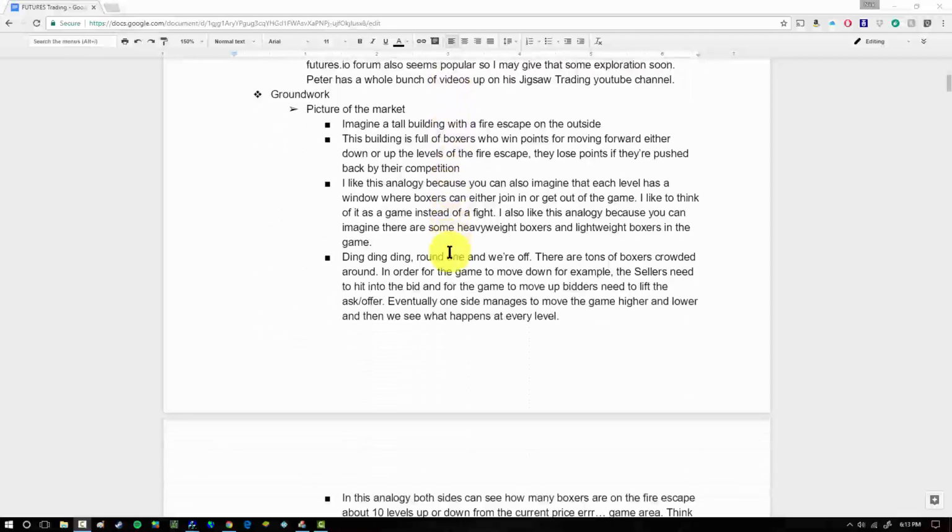So we'll move on to the next section, which is ground. Let's start out with an analogy. Let's imagine a very tall building. Very tall building here. It has a fire escape on the outside.